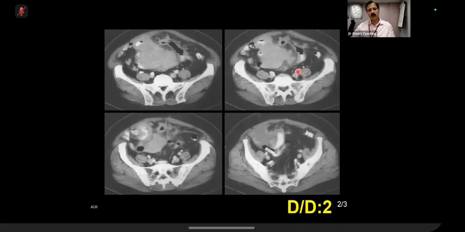What is this? So again, there is a soft tissue density sitting on the right side of the abdomen, displacing the bowel loops. It's in very close proximity to the small bowel. It's in the mesentery, I'm thinking. I'm not sure.